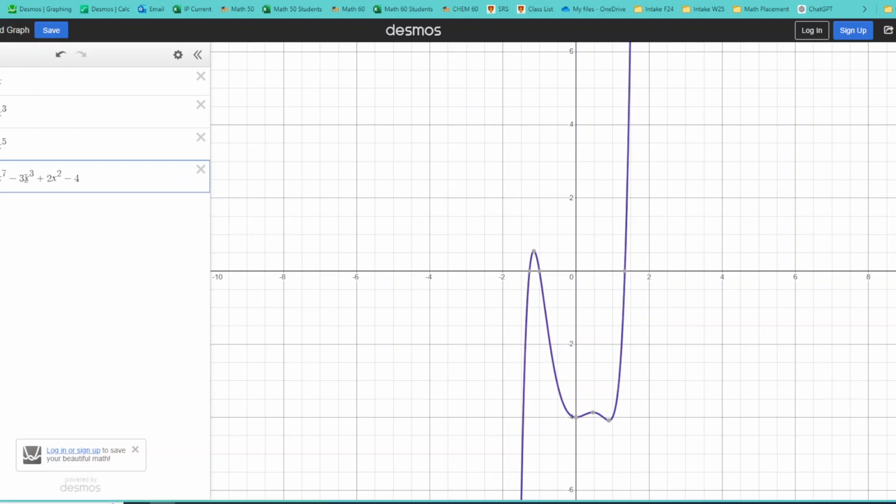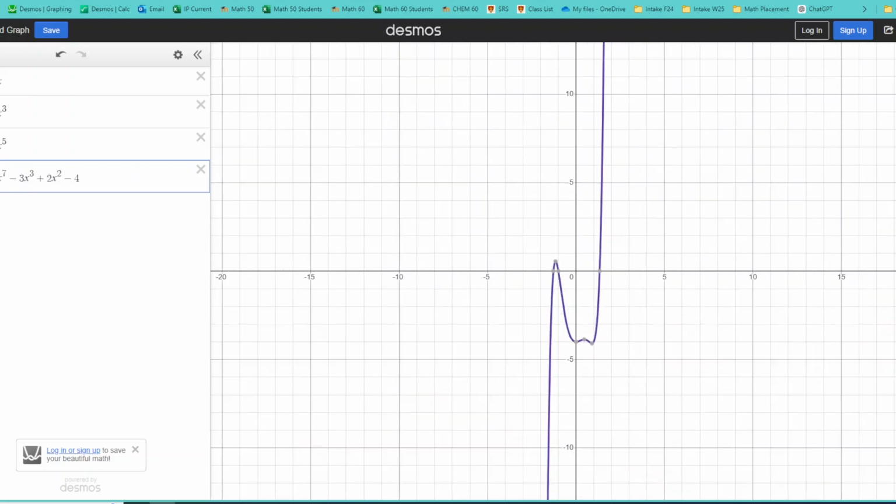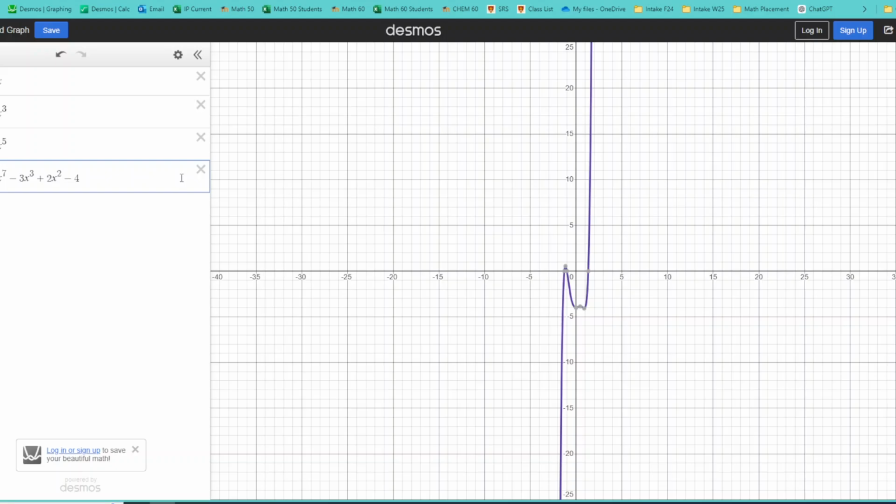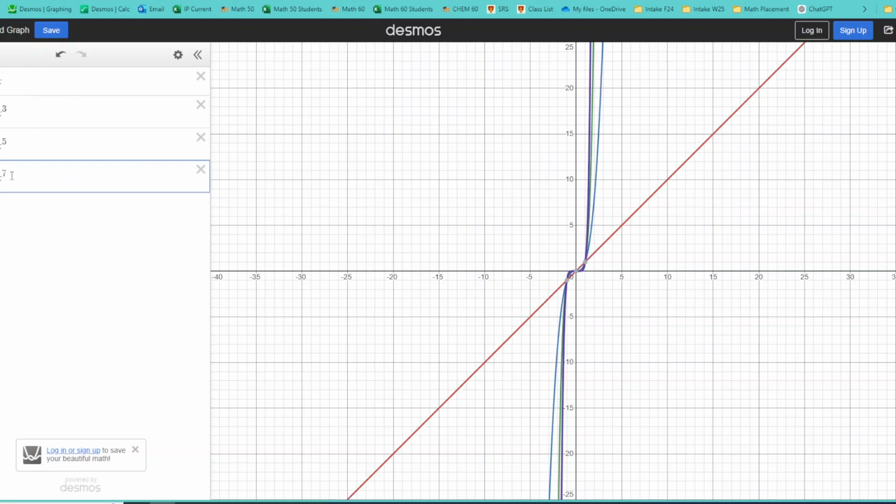But it's still an odd positive graph determined by its leading term. And the end behavior is that it still starts in quadrant 3 and it ends in quadrant 1. So every single graph that is an odd exponent with a positive coefficient starts in quadrant 3 and ends in quadrant 1.